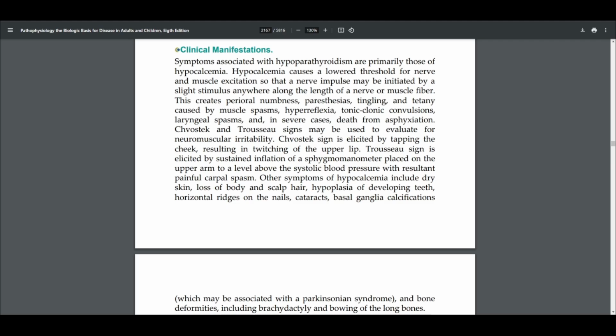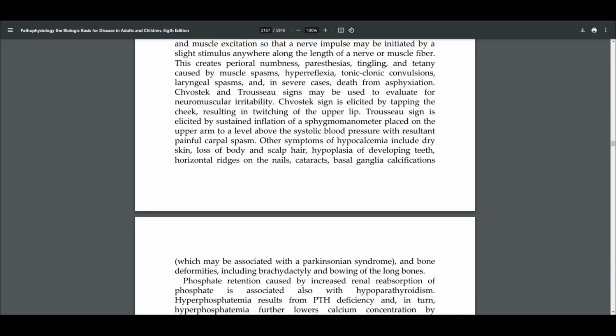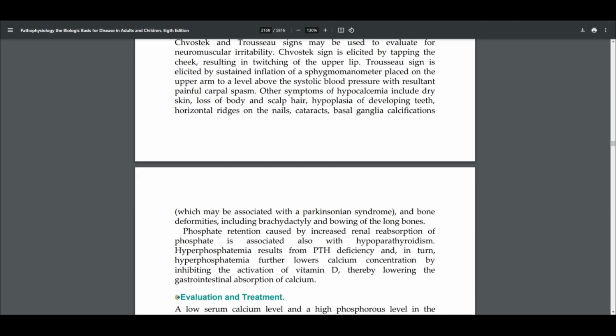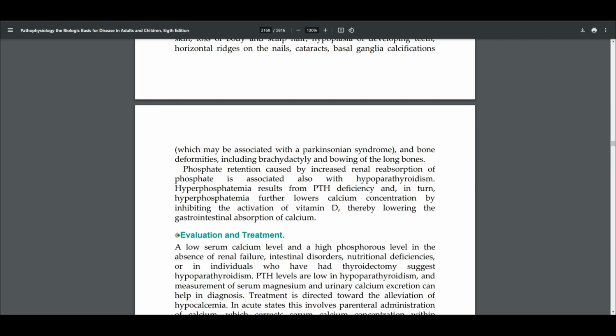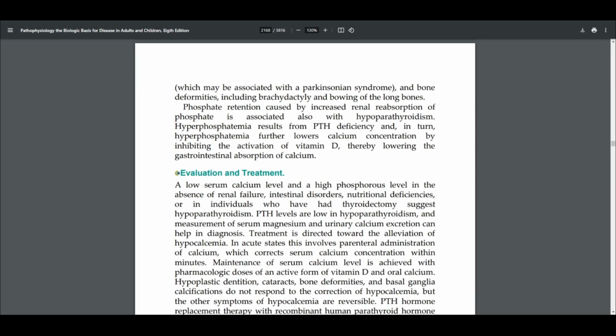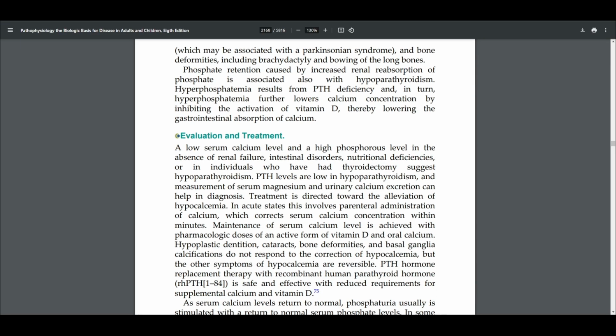Other symptoms of hypocalcemia include dry skin, loss of body and scalp hair, hypoplasia of developing teeth, horizontal ridges on the nails, cataracts, basal ganglia calcifications, and bone deformities, including brachydactyly and bowing of the long bones.